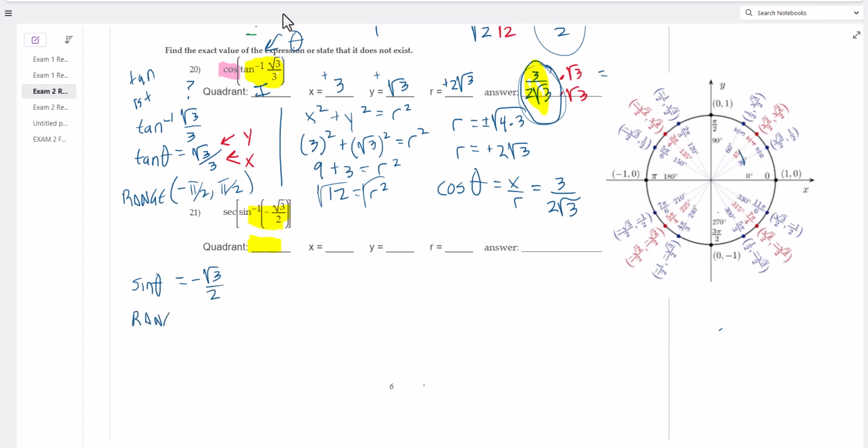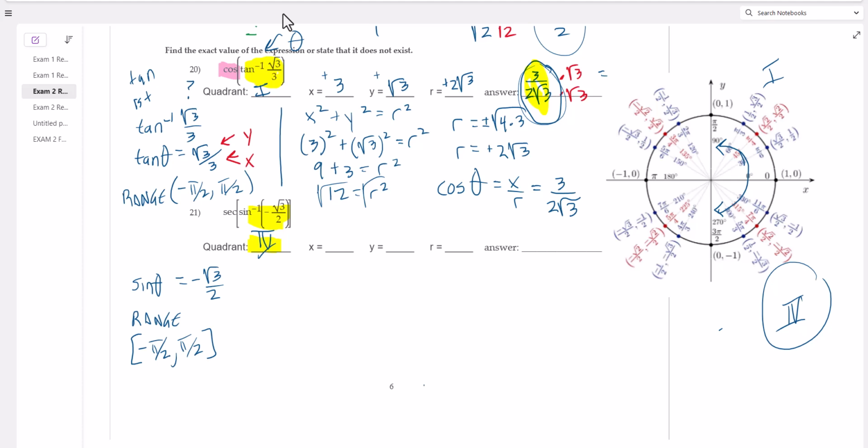The range of an inverse sine is negative pi over 2 to pi over 2, which means that the answers are either in quadrant 1 or in quadrant 4. Since this is negative, you have to be in quadrant 4. So the range is what tells you what quadrant you're in, and that's important in these problems.